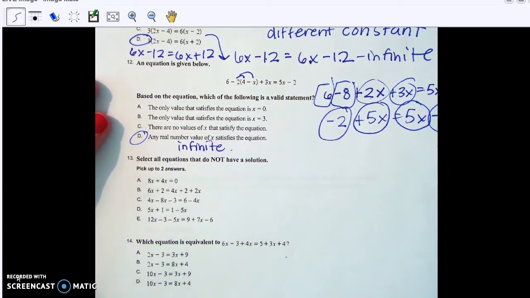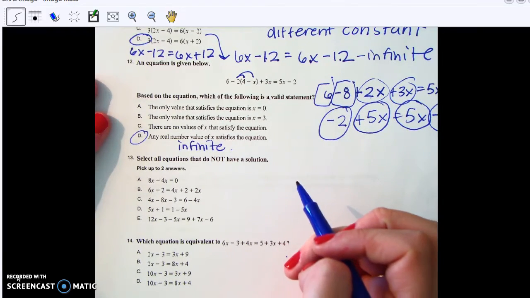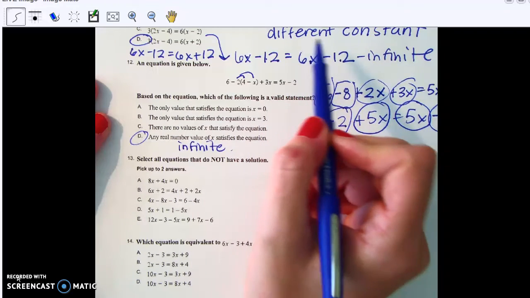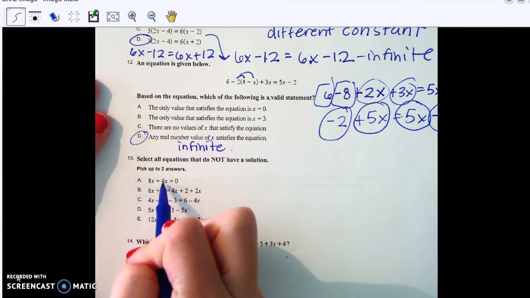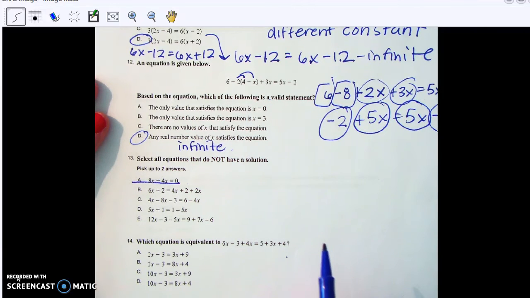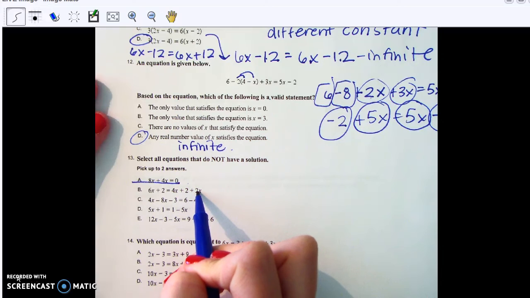Number 13, select all equations that do not have a solution. So again, no solution, I'm looking for the same variables, different constant. Different variables for this one. 8x plus 4x is 10x, nothing on this side, so that's not no solution. I have 6x here, I have 4x plus 2x is 6x here.